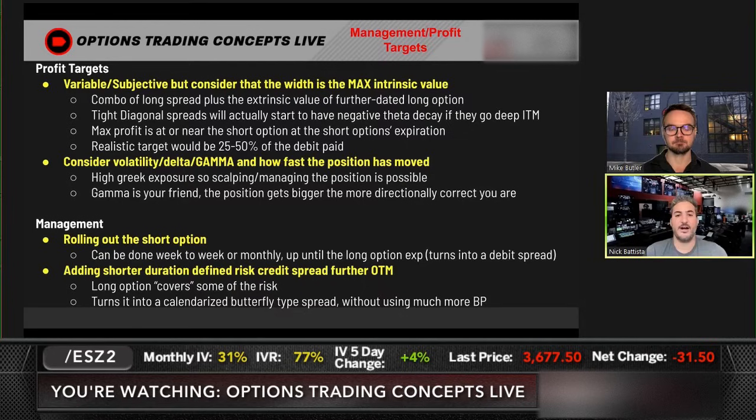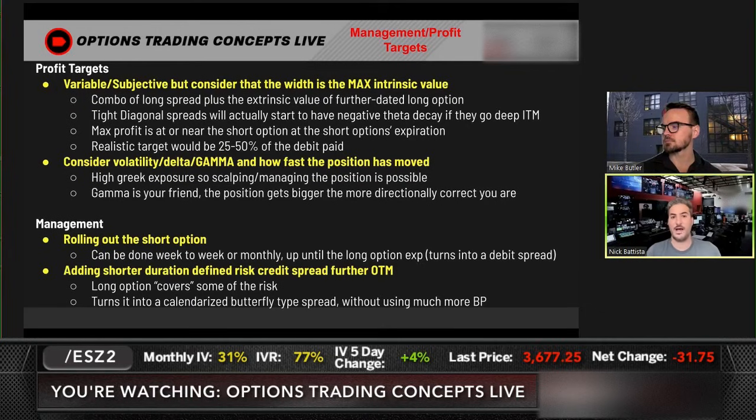So you want to consider volatility, delta, and most importantly, the gamma and how fast the position has moved. This is more applicable to the shorter duration short option. So if you're doing this as an earnings trade where you're buying a 30 or 50 day option and then selling a 1 day or a weekly option, if you get that move correct in the short term, your position goes from a 30 or 40 delta to an 80 or 90 delta.